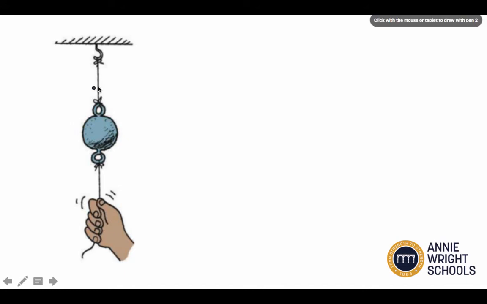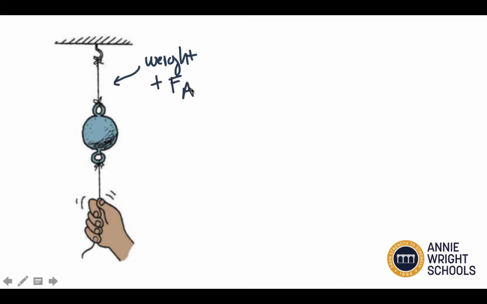And the reason for that is this top string right now has the weight of the ball, this metal ball, plus the force I'm applying, while this string just has the force I'm applying. If I slowly pull, increasing my force a little bit at a time, this will have more tension in it, and it will break first.